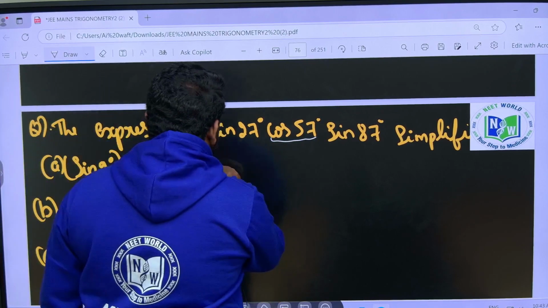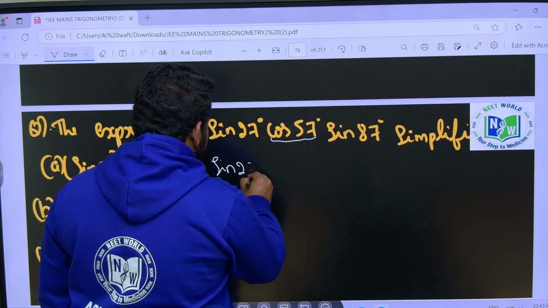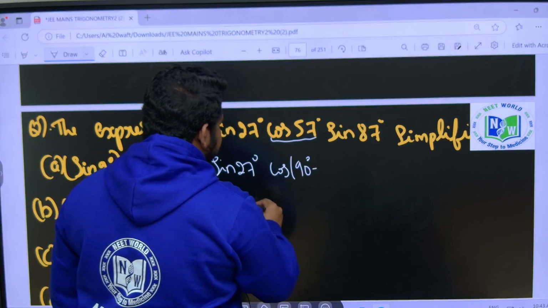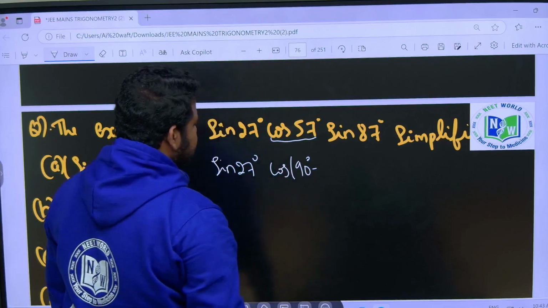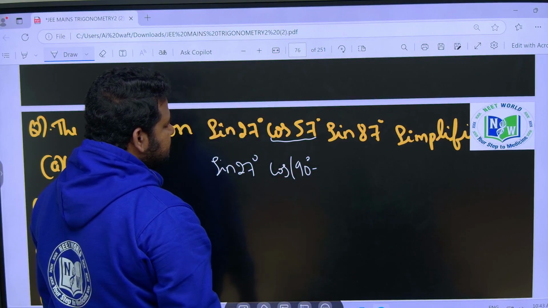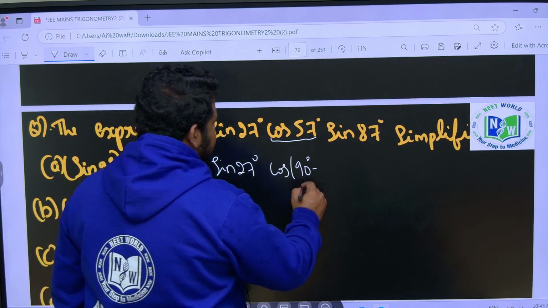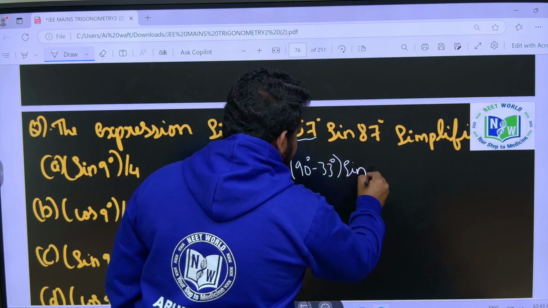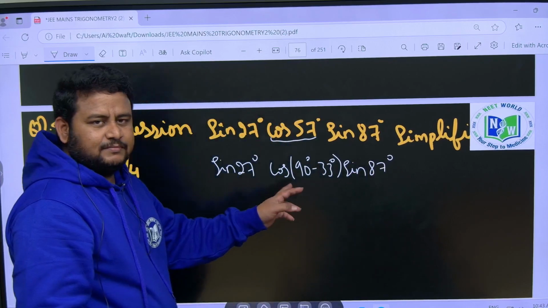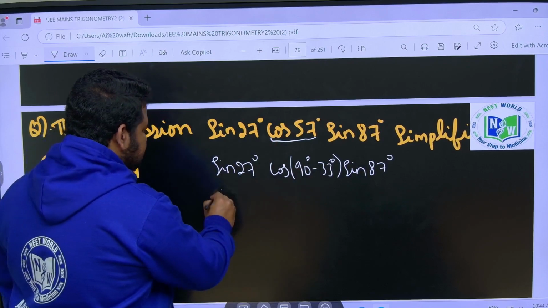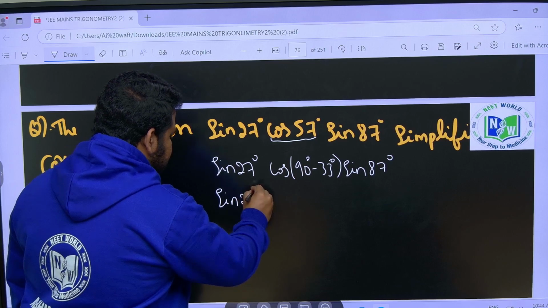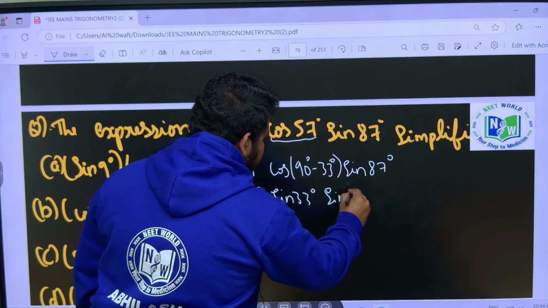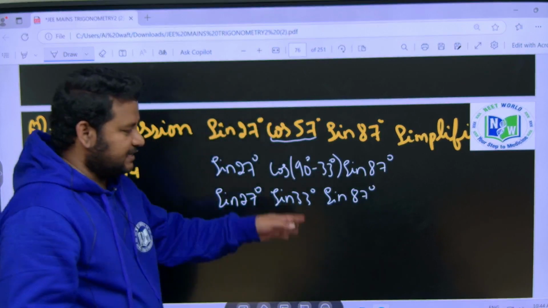So cos 57 can be written as cos(90 minus 33), and cos(90 minus theta) is sin theta. So this will be sin 27, sin 33 and sin 87 degree.